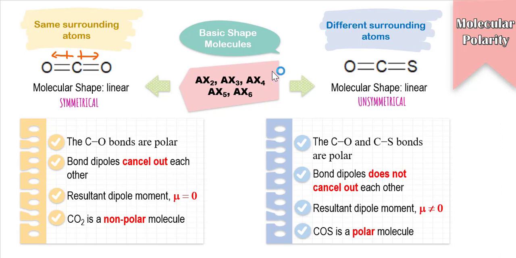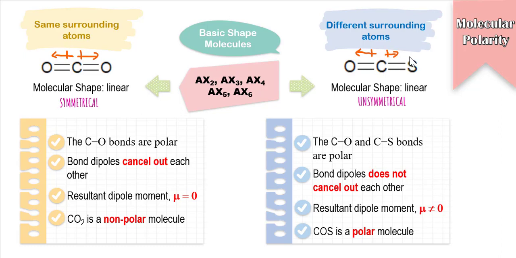But if I change one of the oxygens here into sulfur, this is carbonyl sulfide. Again the C=O bond is polar, where oxygen is more electronegative than carbon, and the C=S bond is also polar, since sulfur is more electronegative than carbon.